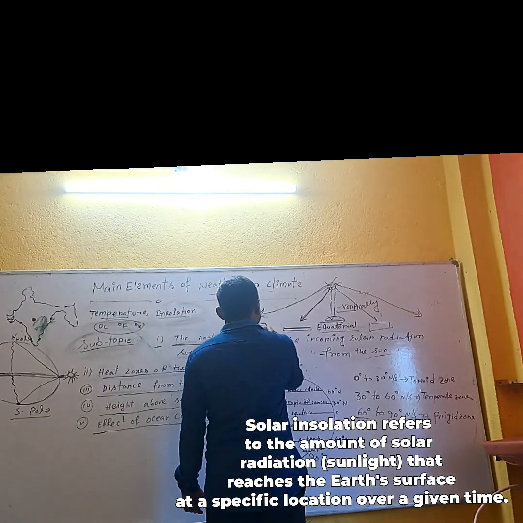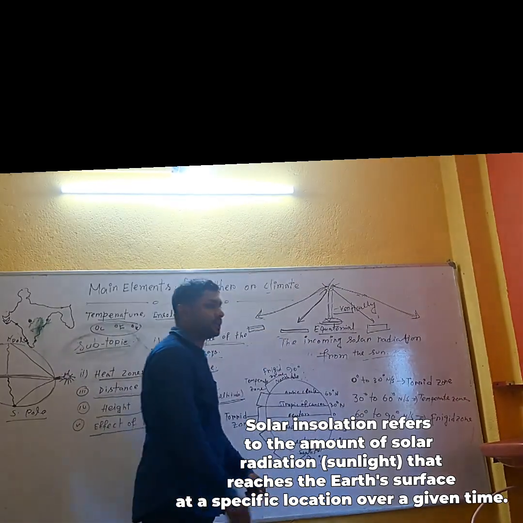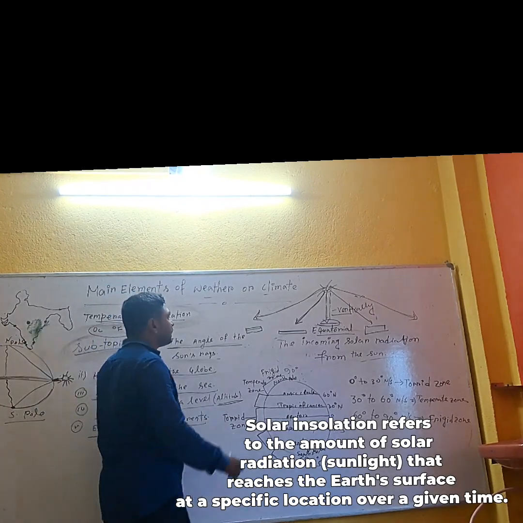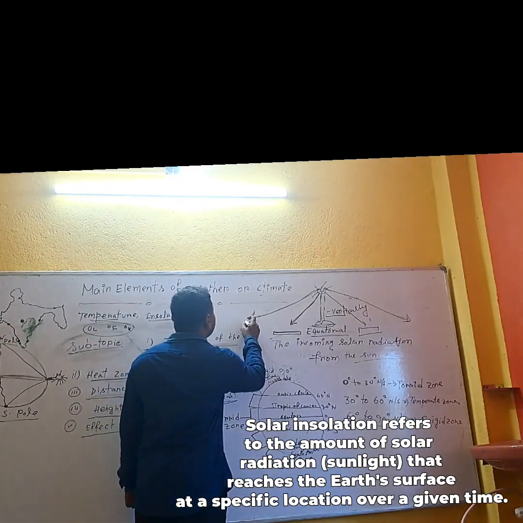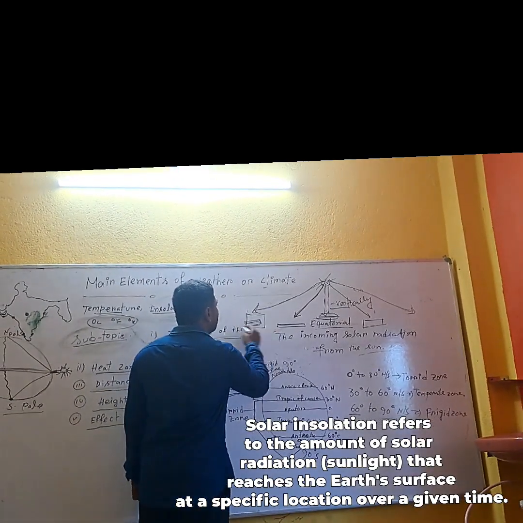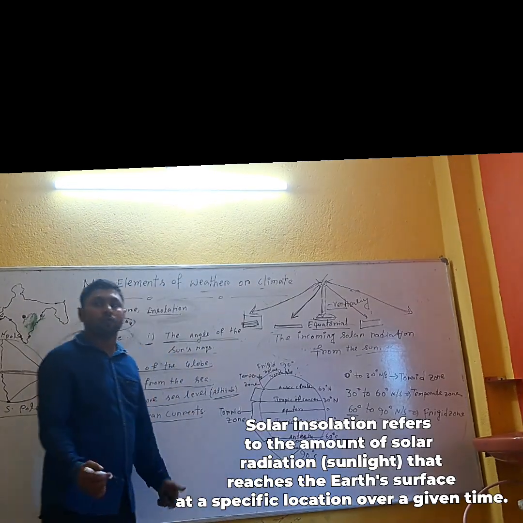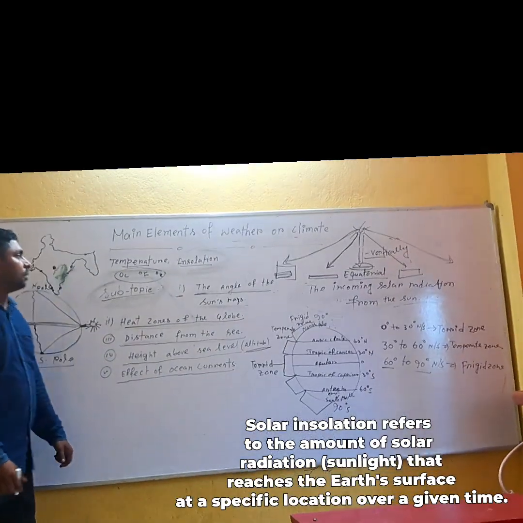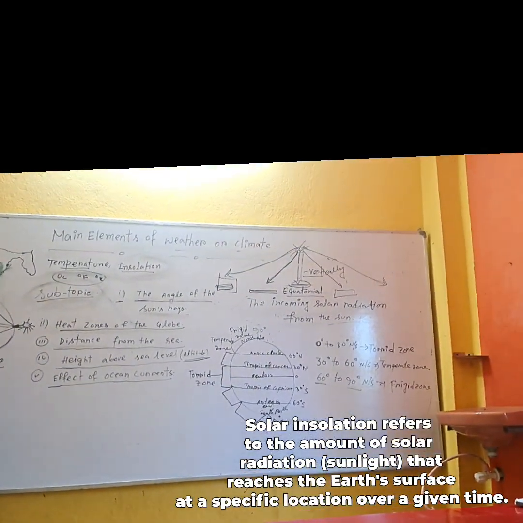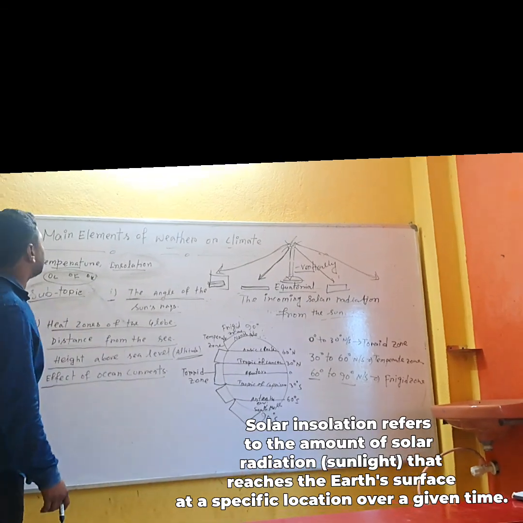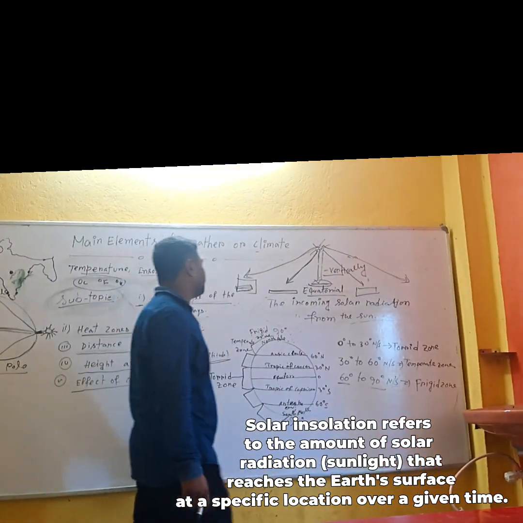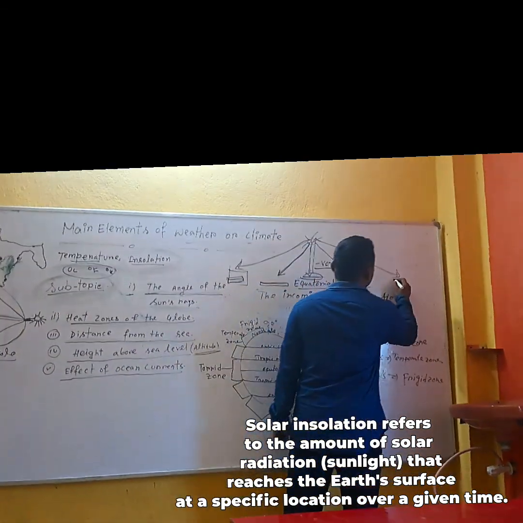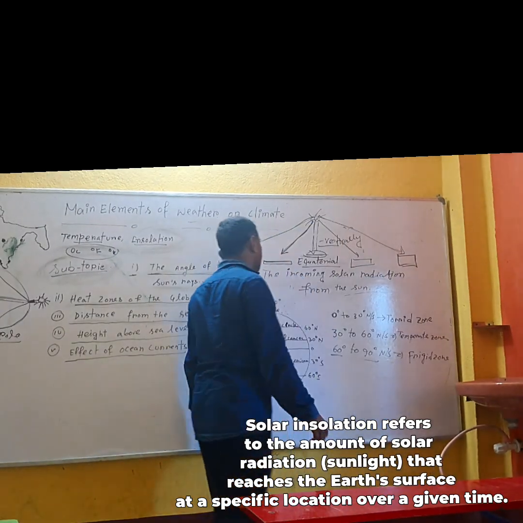Most months they do not receive sunlight. They receive minimal sunlight, which is not sufficient, and that area becomes very cold. Like Siberia, Greenland, Antarctic, Arctic, those areas become very cold, with a lack of temperature.